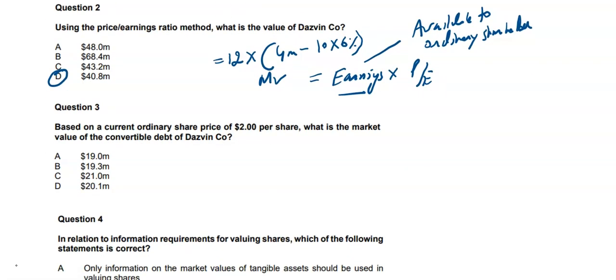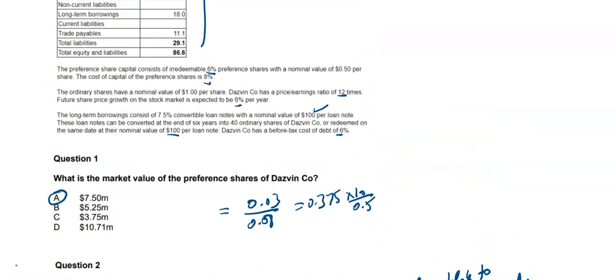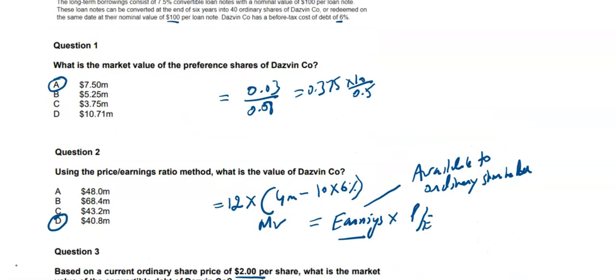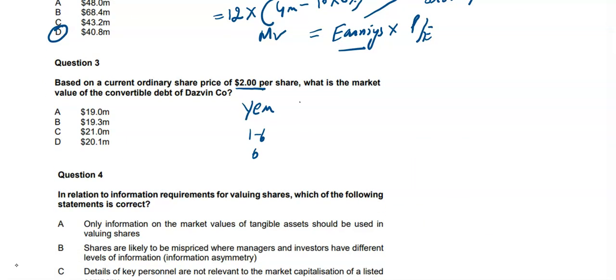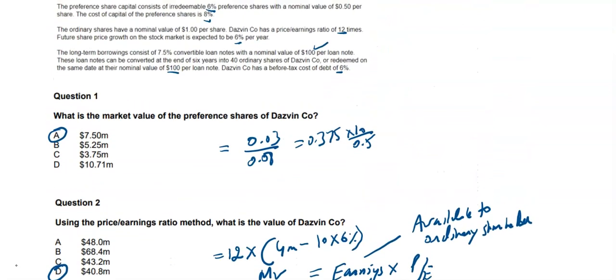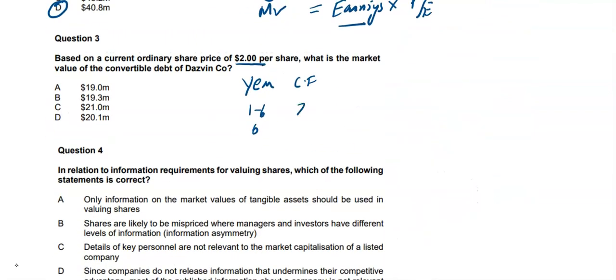Next: based on the current ordinary share price of $2 per share, what is the market value of the convertible debt? How many years are there? 6 years. For the cash flows, the interest is 7.5 and the redemption value is 100.